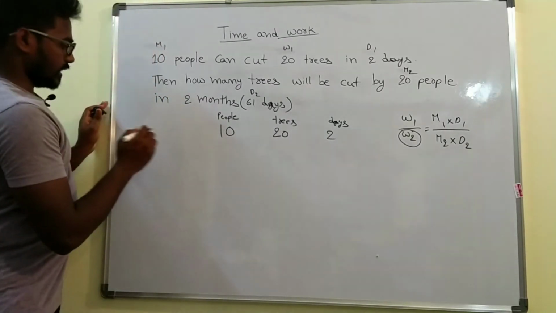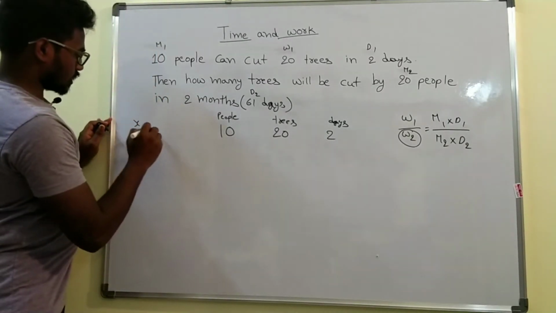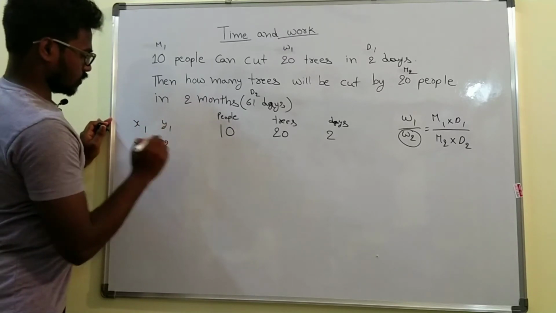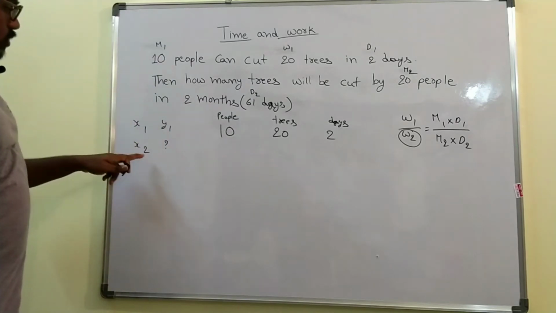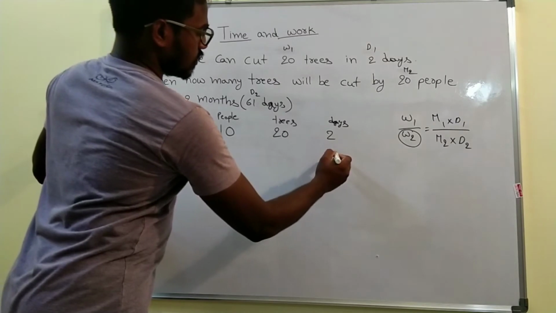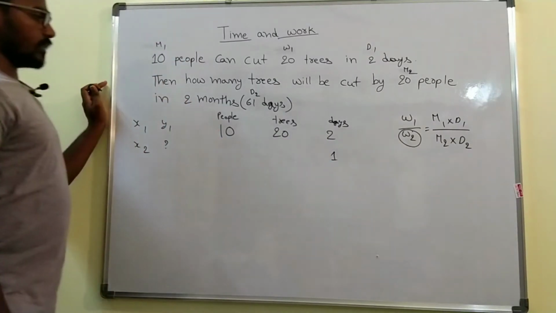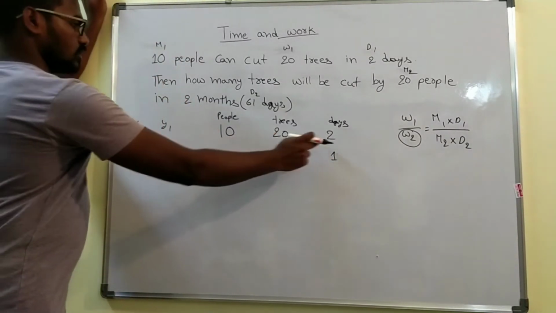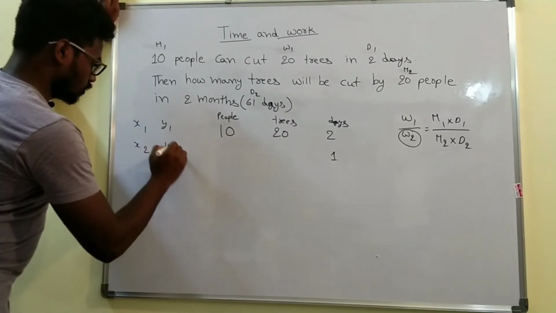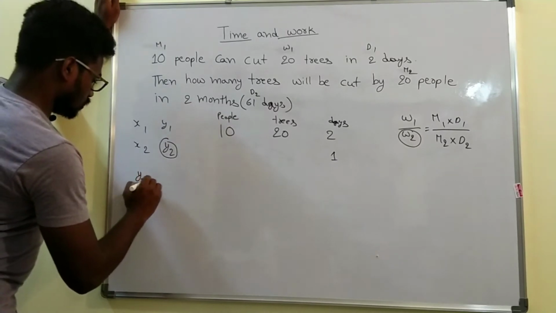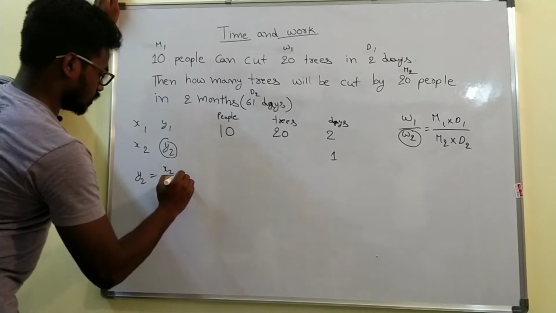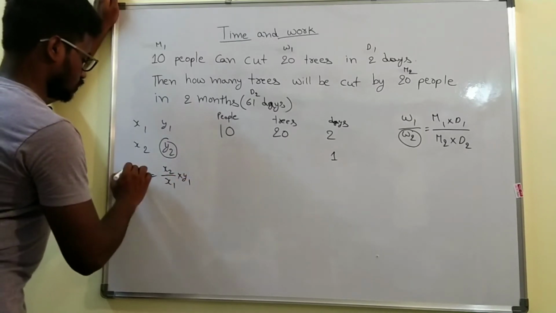We can keep in mind this formula with x1, y1, x2 and y2. We are given x1, y1, x2, but we need to find y2, which is the number for 1 day. So y2 equals x2 by x1 into y1. This is a general formula.